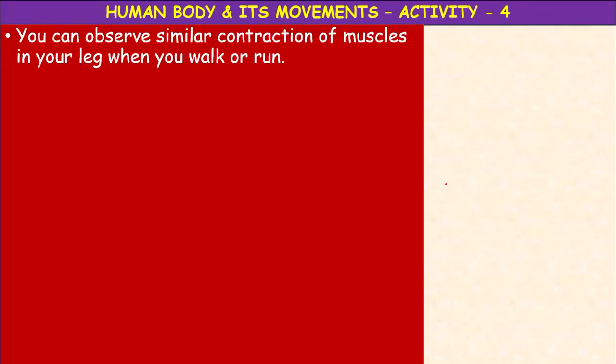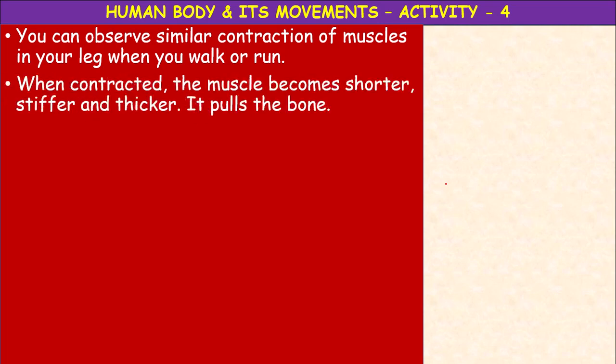Now we are going to learn about the muscles. You can observe similar contraction of muscles in your leg when you walk or run. Isn't it? When contracted, the muscle becomes shorter, stiffer and thicker. It pulls the bones. Okay, when muscle contracts, what happens?